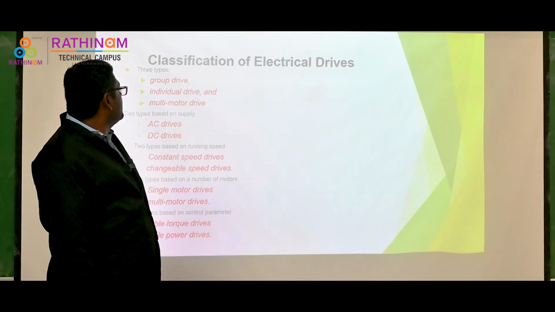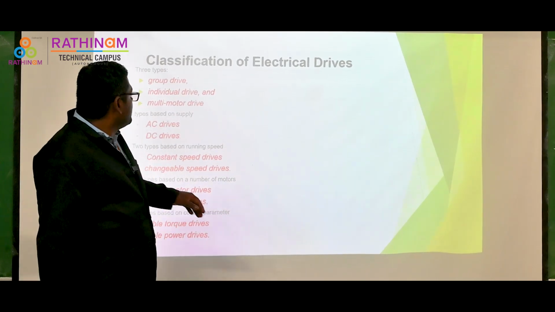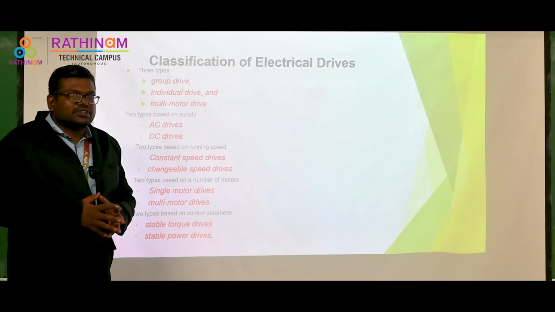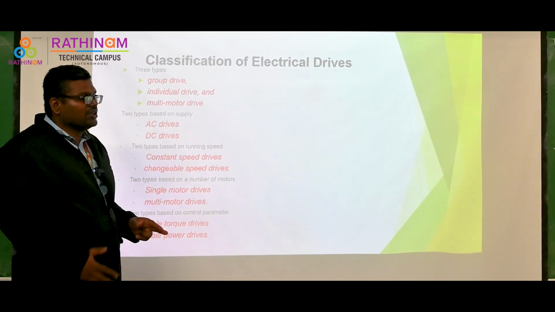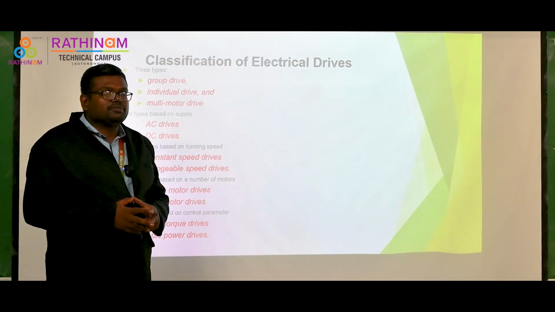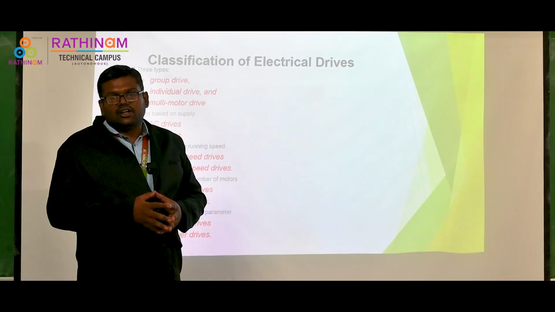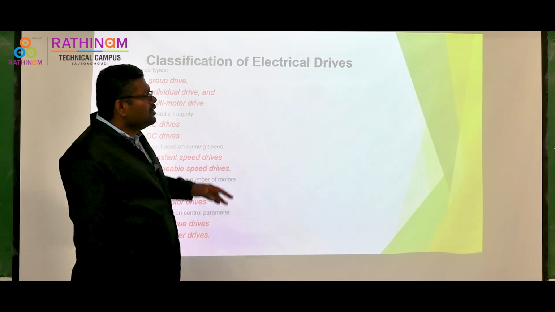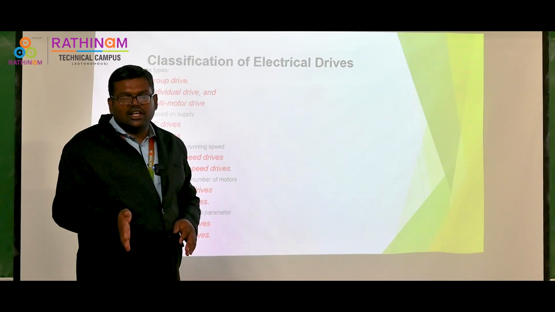Next slide. So some of the classifications of the electrical drives are three types: group drive, individual drive, and multi-motor drive. In group drive, a group of motors are operated using a single drive. So 3 to 4 motors will be operated using the same drive.